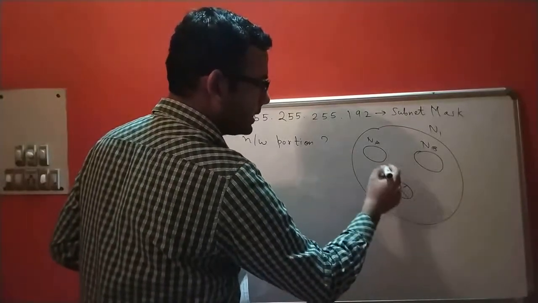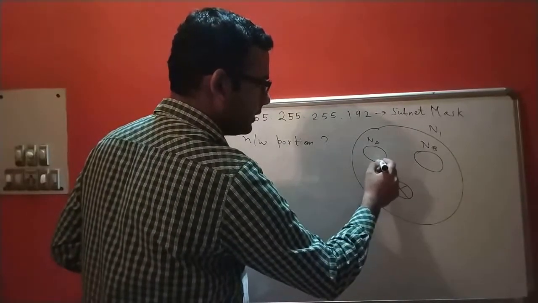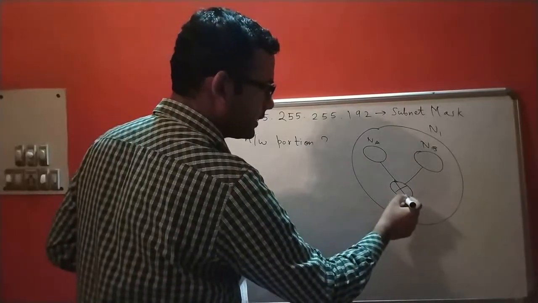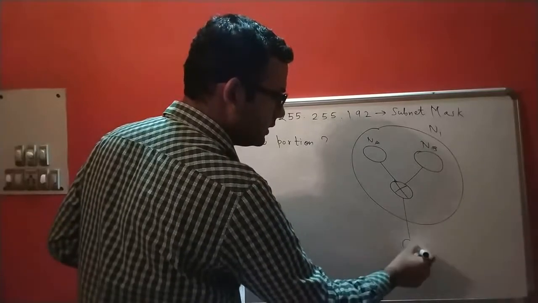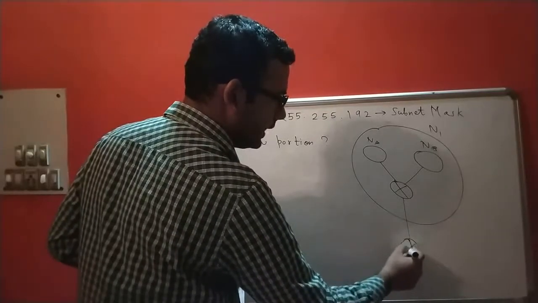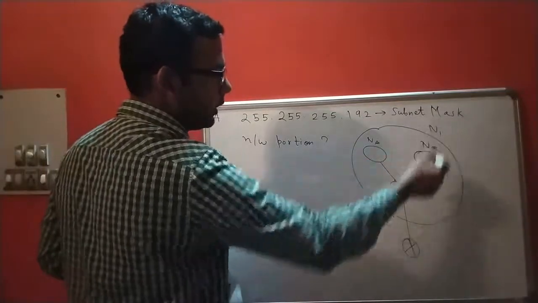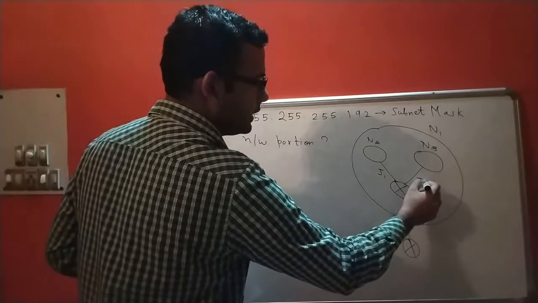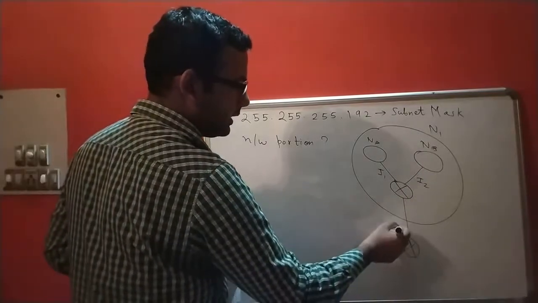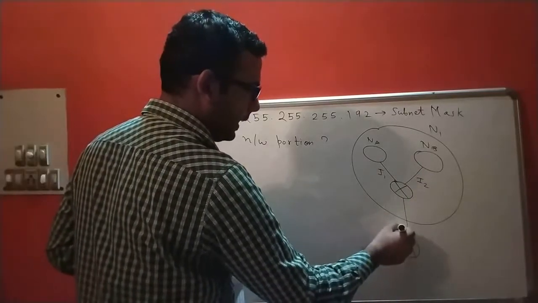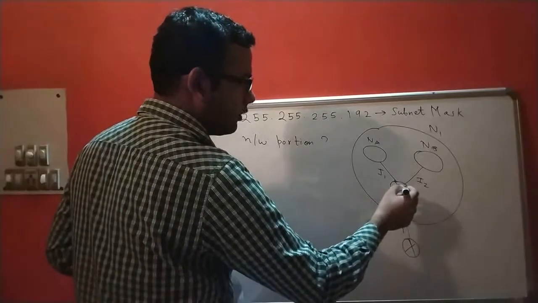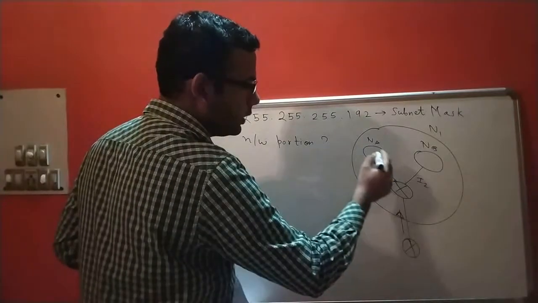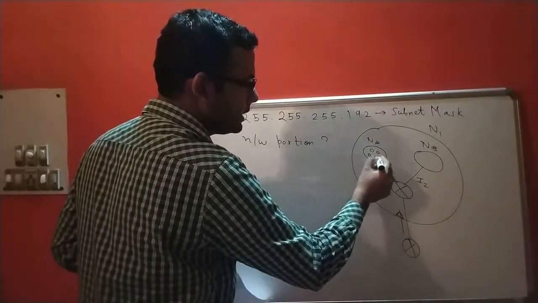Now whenever subnetting is performed, an internal router is provided by the internet service provider, and there is an external router as well that is connected to this entire network, which is N1. Say this is my interface I1 and this is my interface I2.